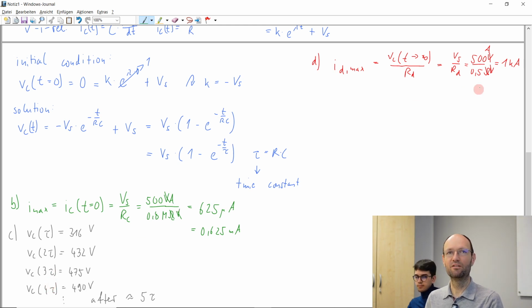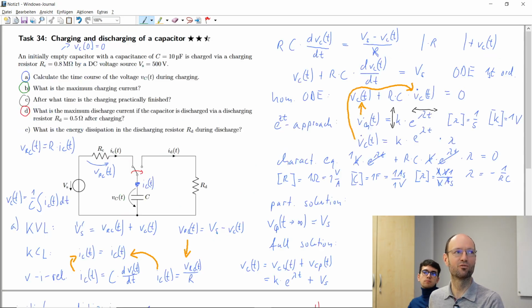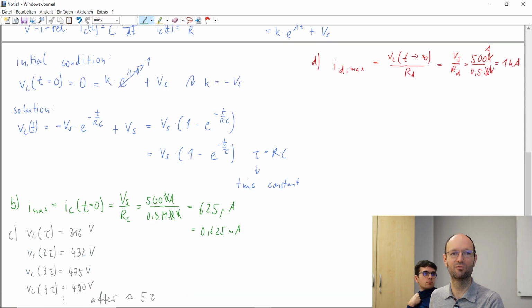But then during discharging we can get a very high current in the kiloampere range. Question is, how long does this discharging take place, or what would be the time constant of this discharging?